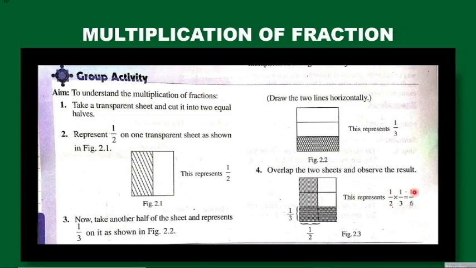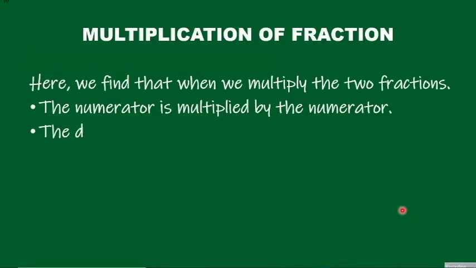Yes or no? 1 into 1 is 1, 2 times 3 is 6. So by this we can analyze that in general, if we multiply numerator with numerator and denominator with denominator, we can do the multiplication of any fractions. Okay.